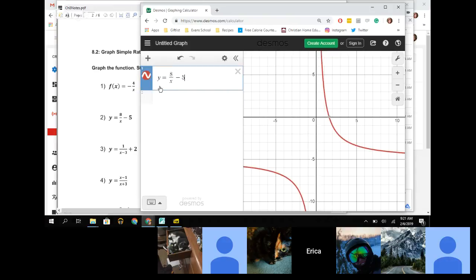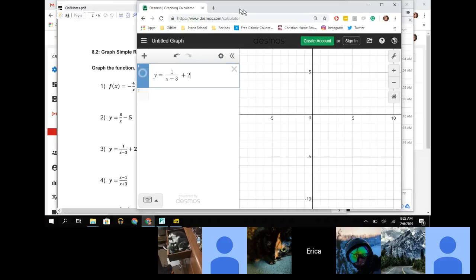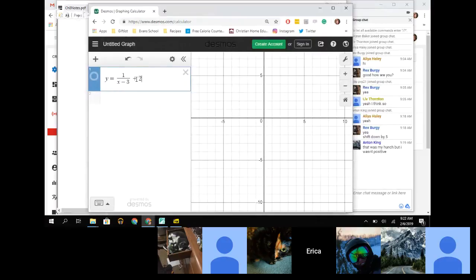All right, so now our next one, we're going to do inside the function. So we have 1 over x minus 3, plus 2. Again, what is the plus 2 going to do? Is it going to shift our graph up, down, left, or right?